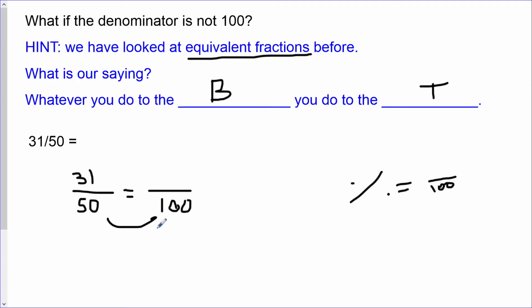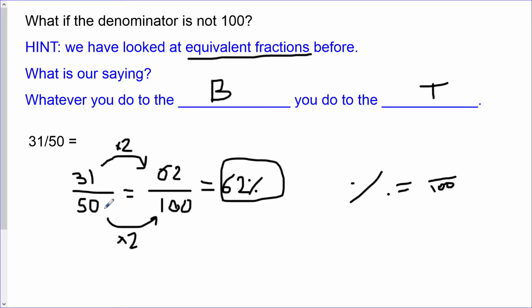Well, you should be able to see that if I just multiply 50 by 2, it does equal 100. And our saying is, whatever we do to the bottom, we do to the top. So we now have to times the top by 2. 31 times 2 is 62. And now that is very simple, because 62 out of 100 is the same as 62%. So now I know that 31 fiftieths is equal to 62%.